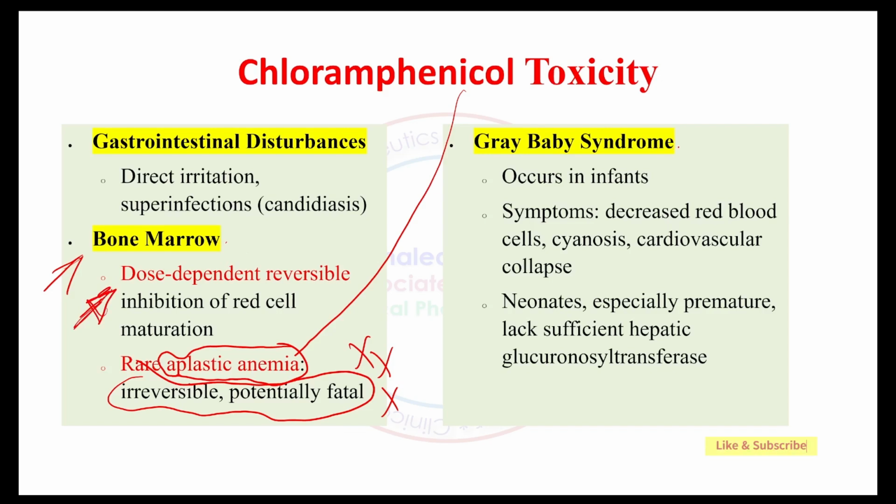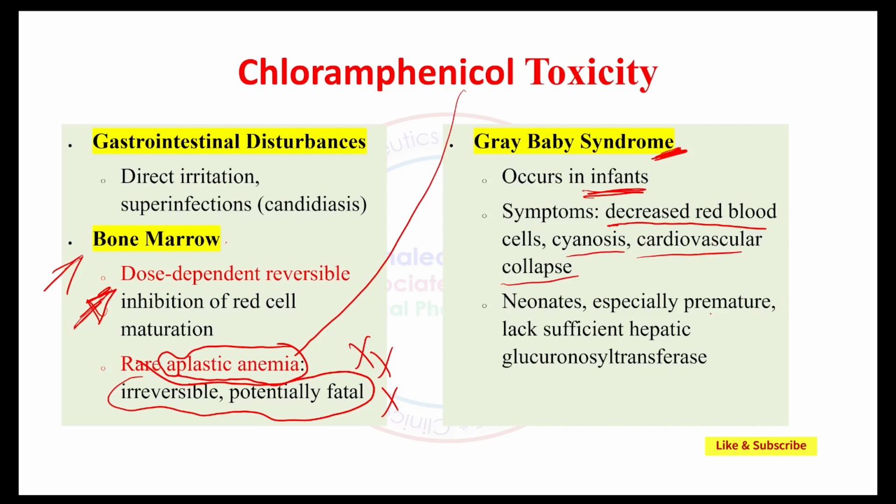Using chloramphenicol in babies and small children, especially infants, may cause gray baby syndrome. The situation is decreased number of blood cells, cyanosis, and cardiovascular collapse.